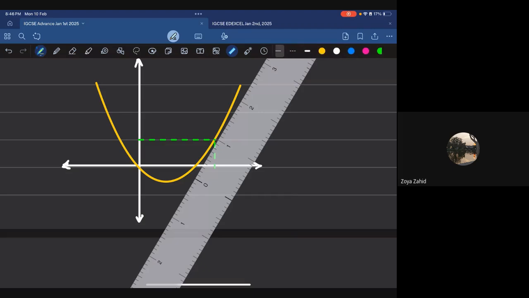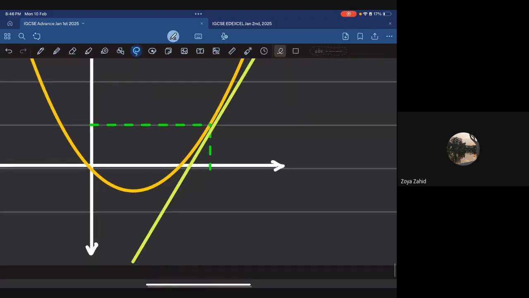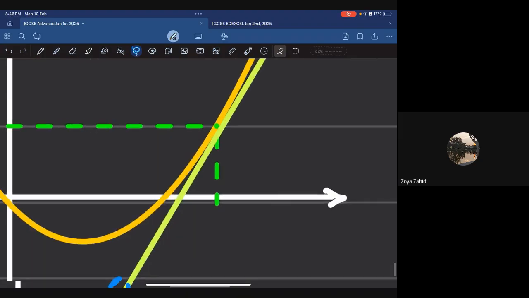You're going to draw a straight line, and you're going to make sure that that line touches the graph at just that point.